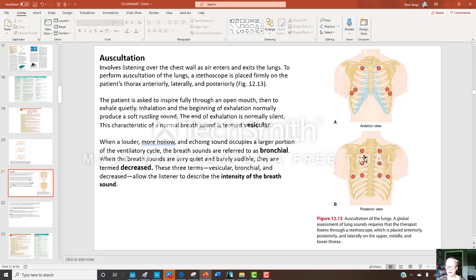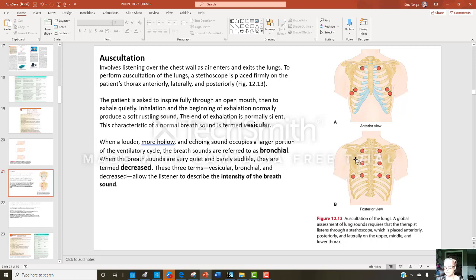And then on the back you have right above the spine of the scapula. And then again, 1, 2, 3, 4, 5, 6.